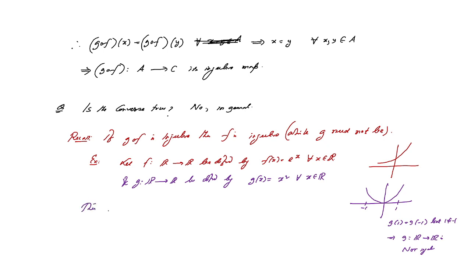Then what will g composed f be? The composition is defined. Why?